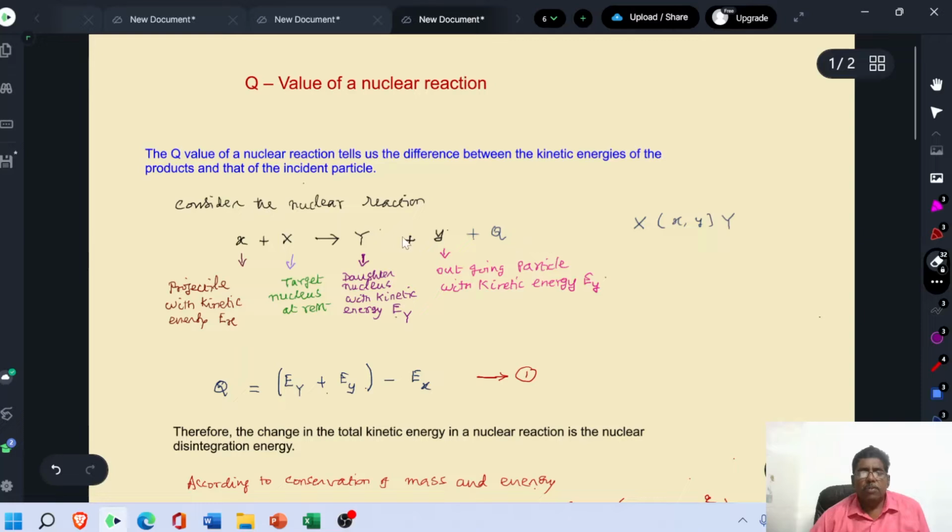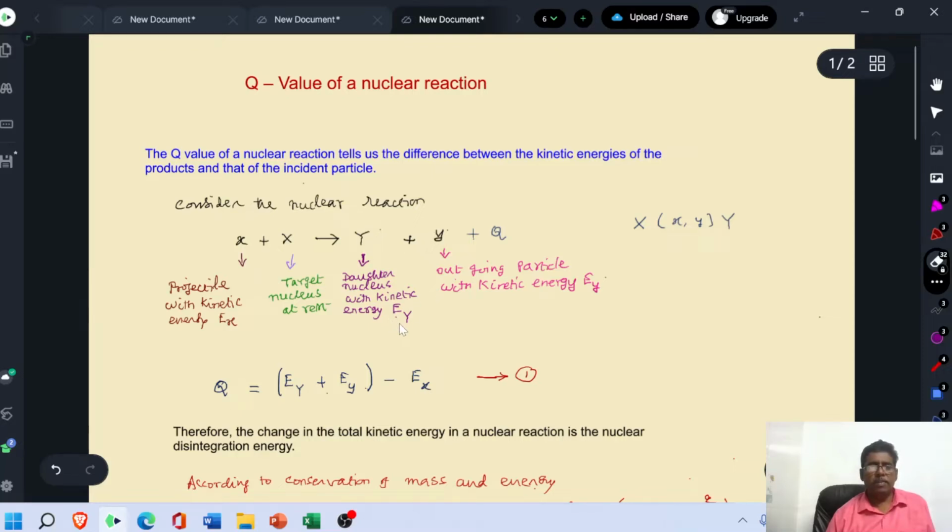The value of Q is equal to final kinetic energy minus initial kinetic energy. Initially the target is at rest. The projected particle kinetic energy is Ex because of its motion. After completion of the nuclear reaction, an outgoing particle and a daughter nucleus are generated.